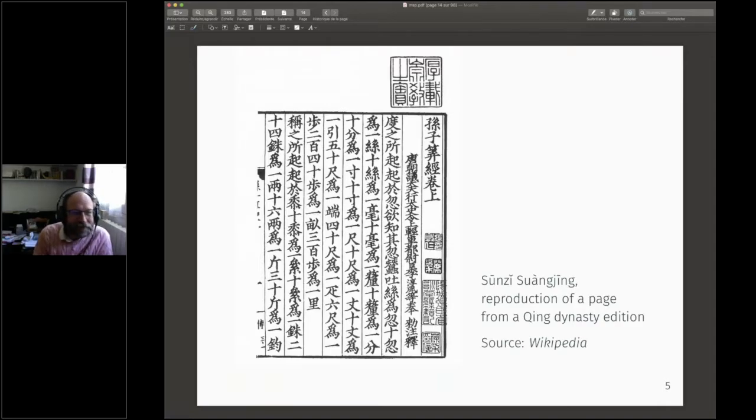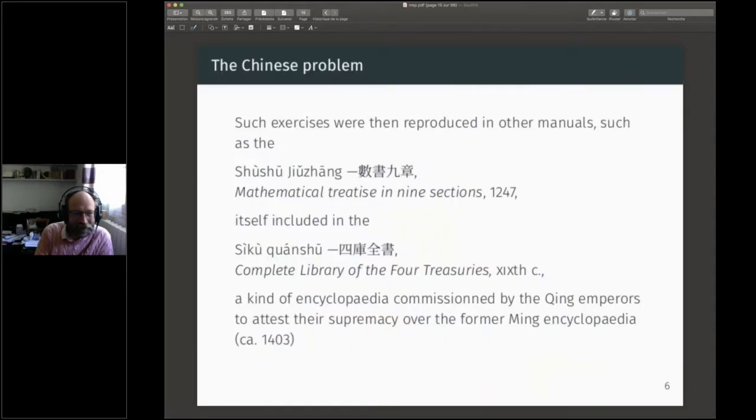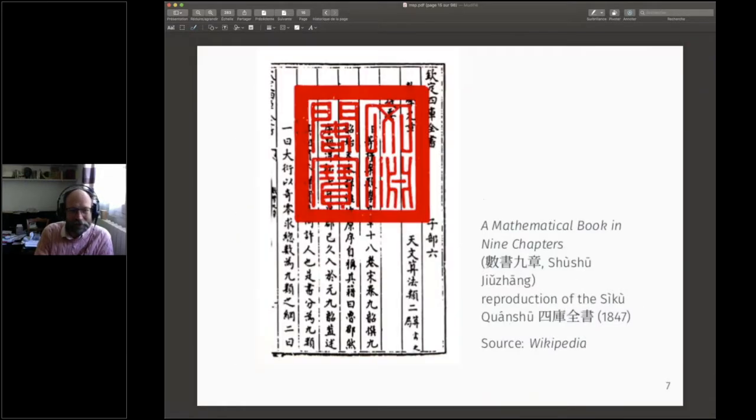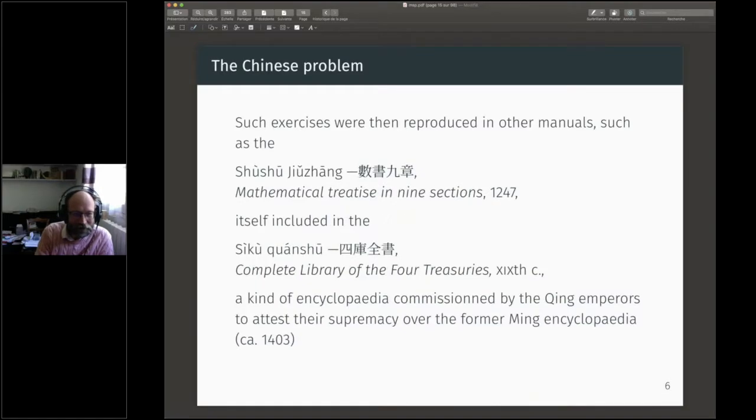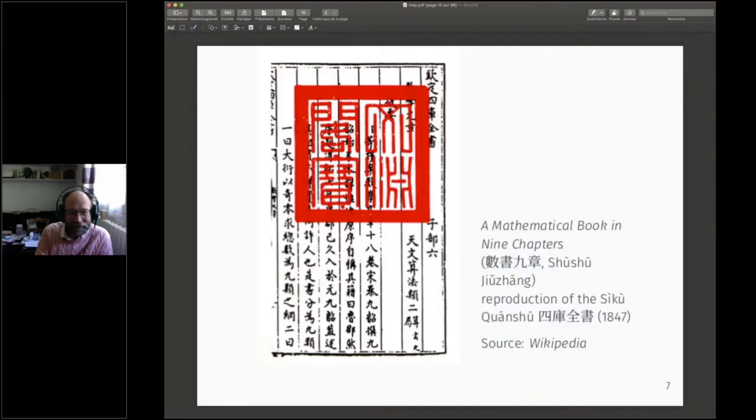I'm not sure it's the same page. And it's very easy on the internet to find other pages. For example, here I have another book, a mathematical book in 9 chapters. It's a later edition, and the big red stamp on it is a stamp of the owner of the book.